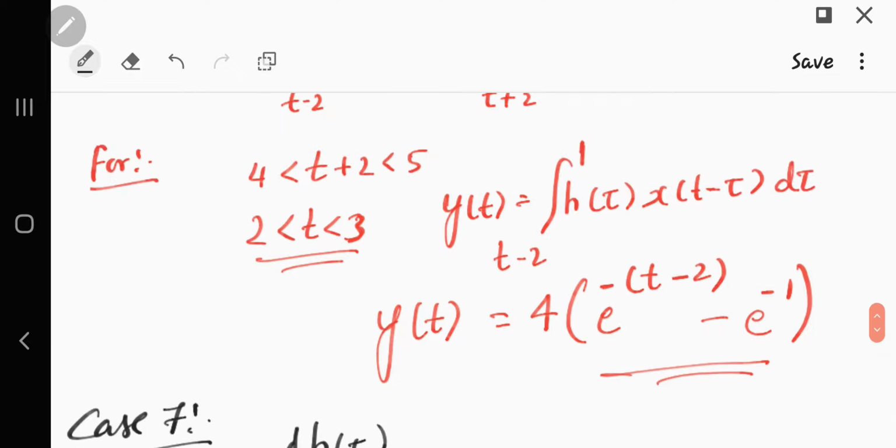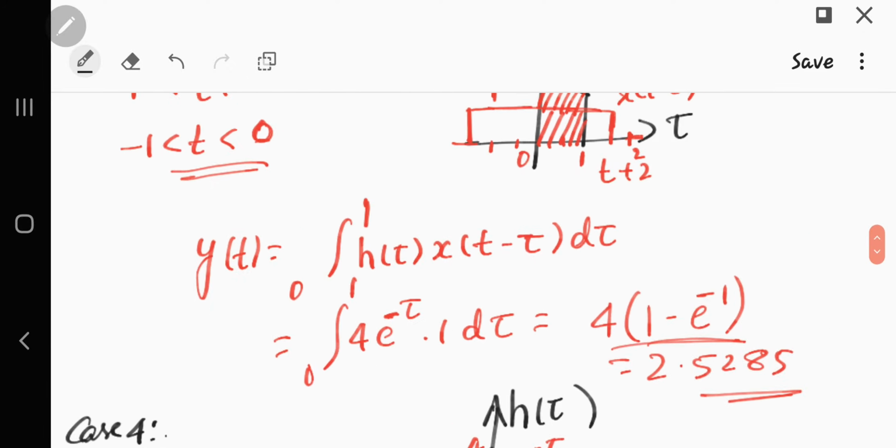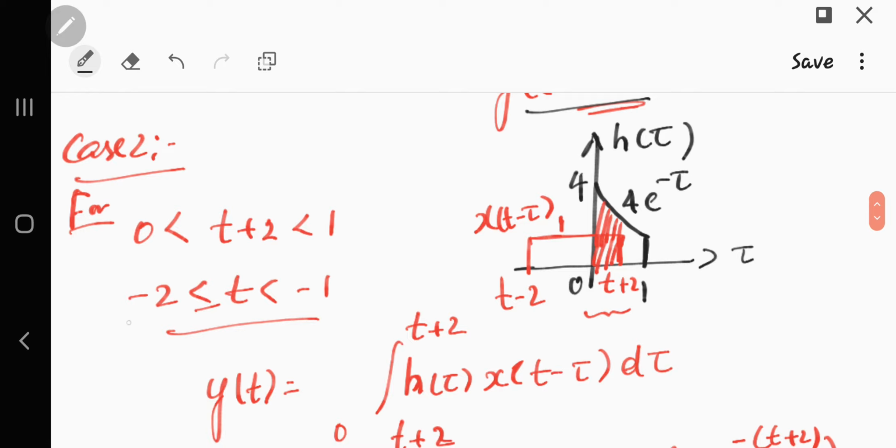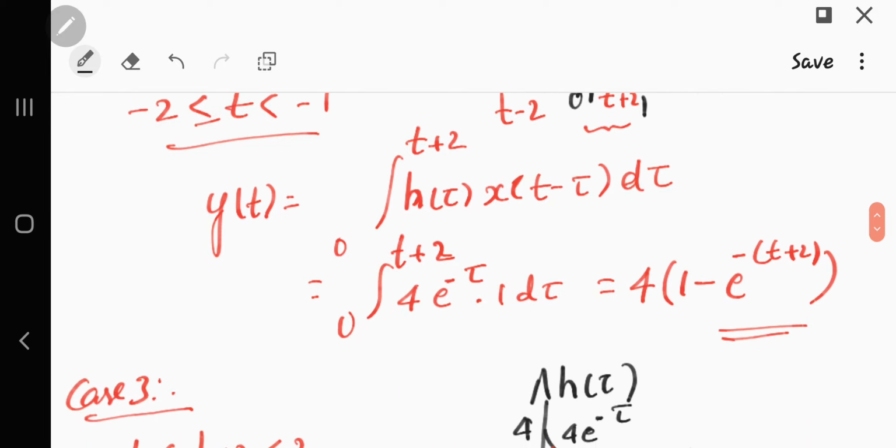Next, now in the second case, for t between minus 2 and minus 1, it is 4 into 1 minus e to the power of minus (t plus 2).